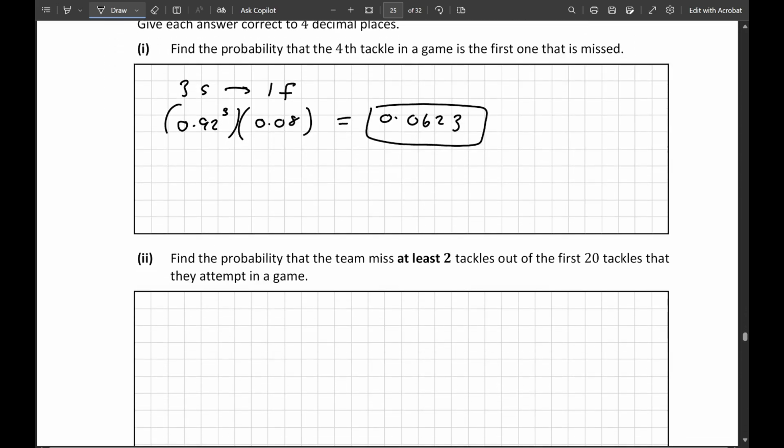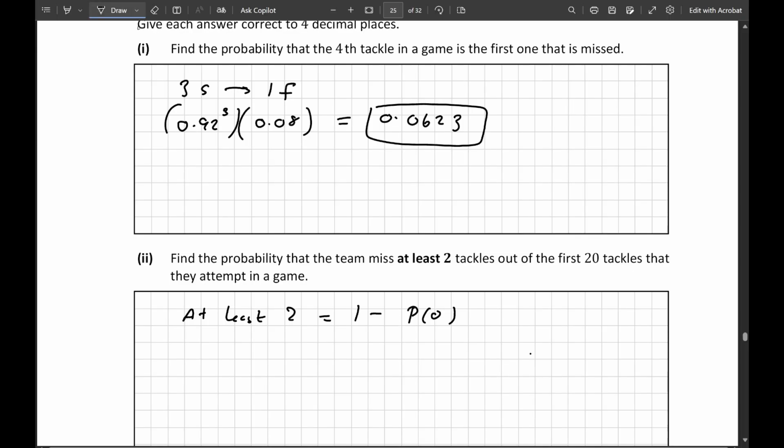Find the probability that the team misses at least 2 tackles. So if it's at least 2, then that's the same as 1 take away the probability that they miss 0, plus the probability that they only miss 1.